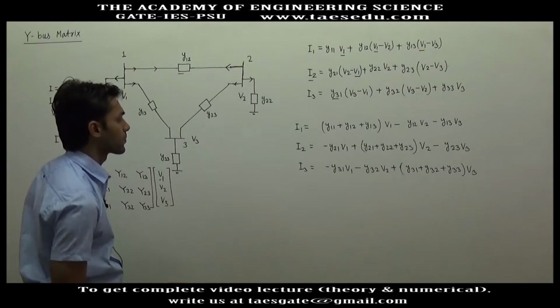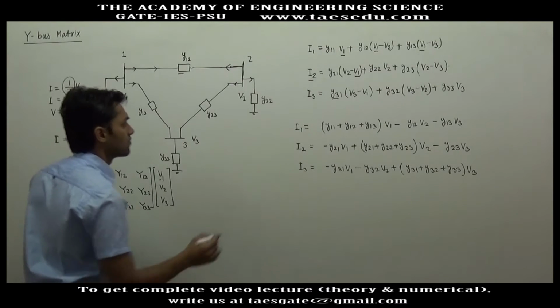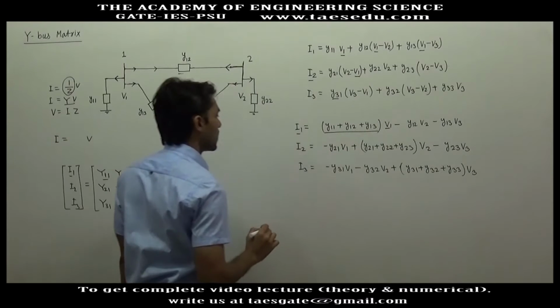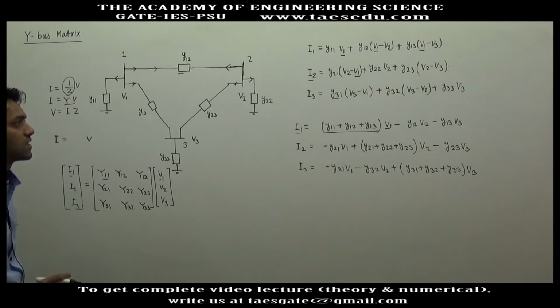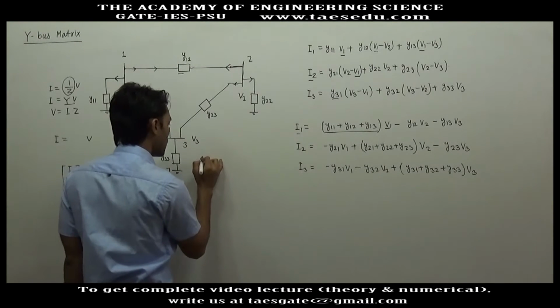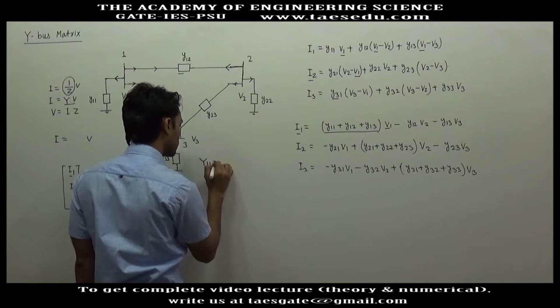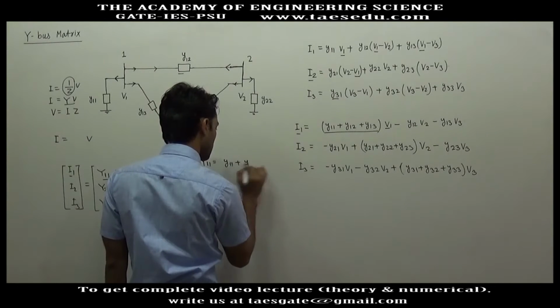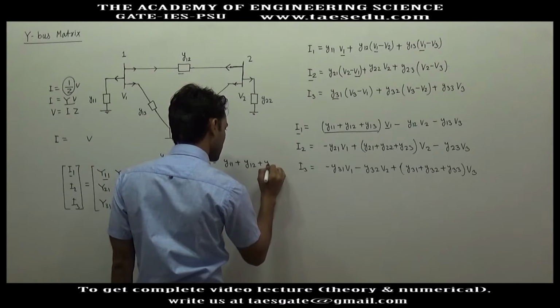Now compare, in the relation of I1 and V1, what is the constant? Y11 plus Y12 plus Y13. So capital Y11 will be small y11 plus small y12 plus small y13.